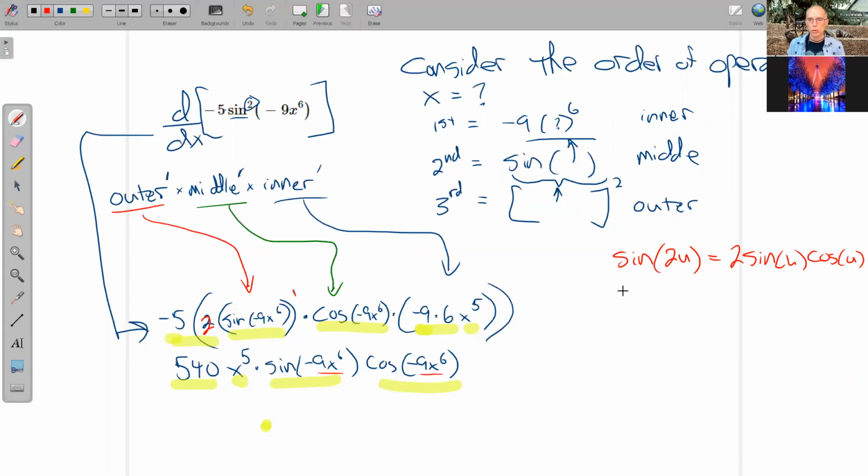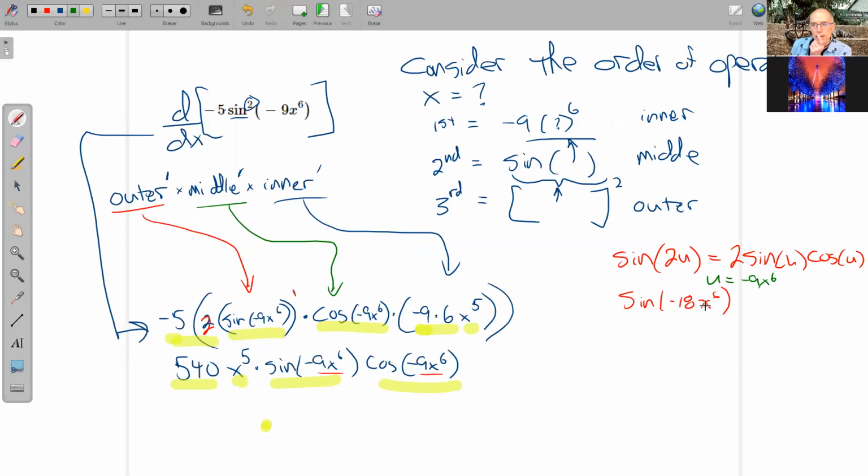So then 2u would be the sine of negative 2 times that, so negative 18x to the 6th. I'm just replacing, my claim here is that u is negative 9x to the 6th.